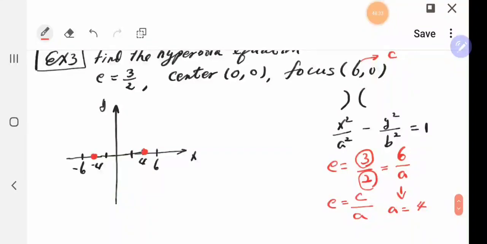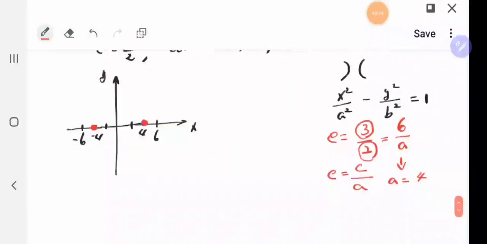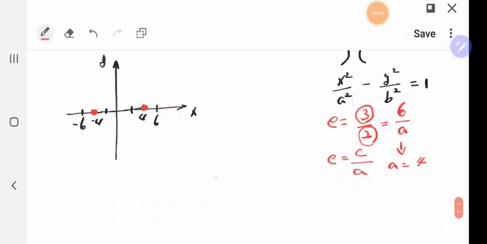Okay, so vertex and the focus. Let's find the B value. C squared is equal to A squared plus B squared, and we know C is 6, so 6 squared is equal to 4 squared plus B squared.